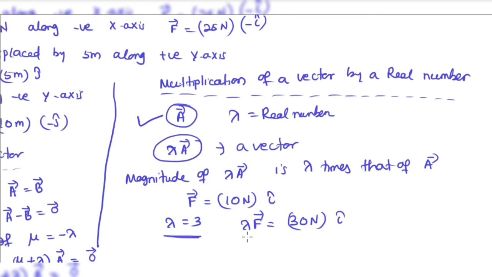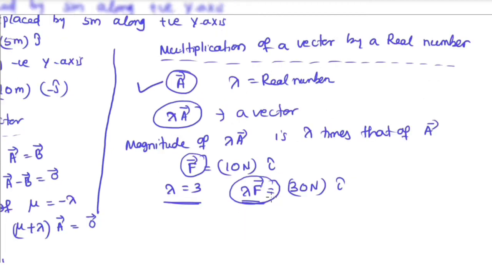So you can see that lambda f vector has a magnitude 30 Newton, but f vector has a magnitude of 10 Newton. So 30 Newton is 3 times 10 Newton. It means the magnitude of lambda f vector is lambda times the magnitude of f vector.